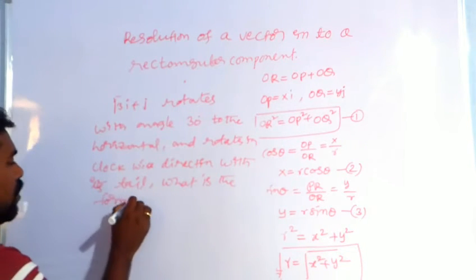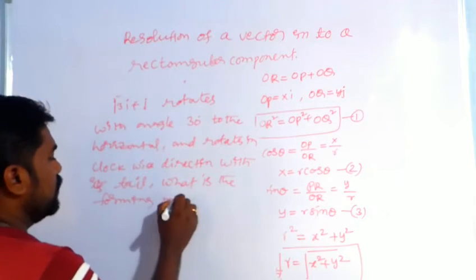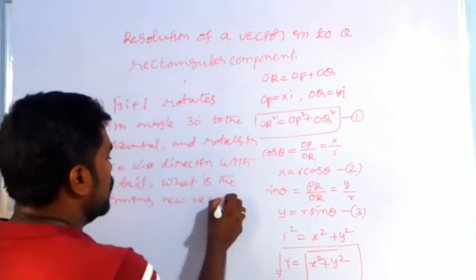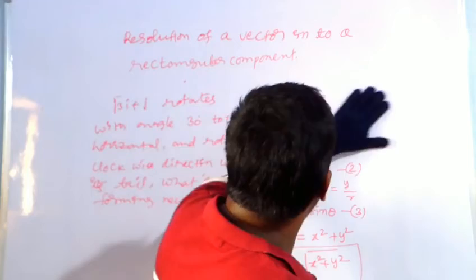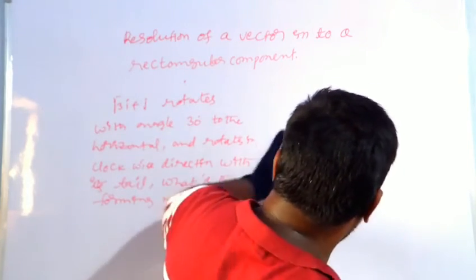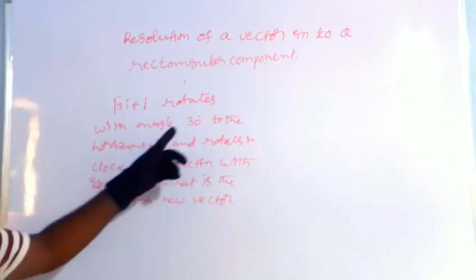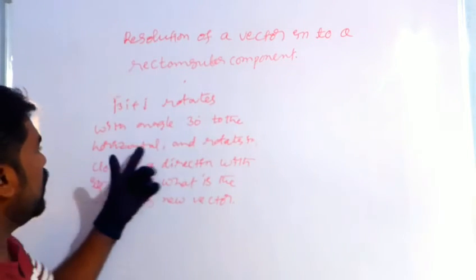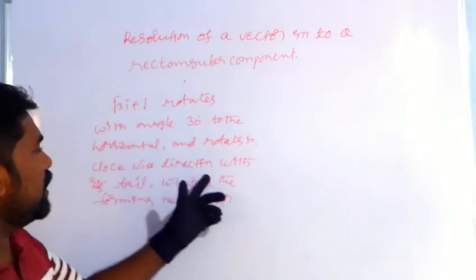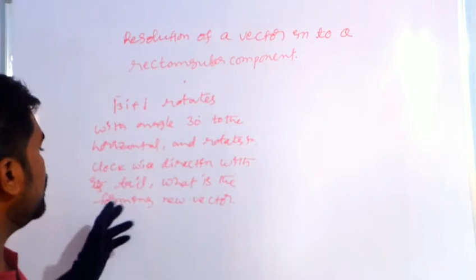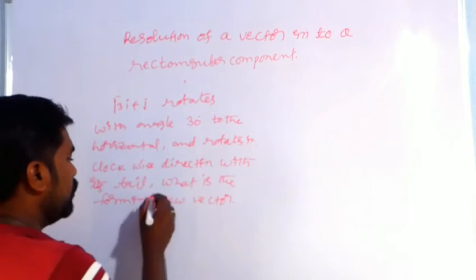What is the formation of the new vector, if the vector makes an angle of 30 degrees with the horizontal and rotates clockwise with its tail?